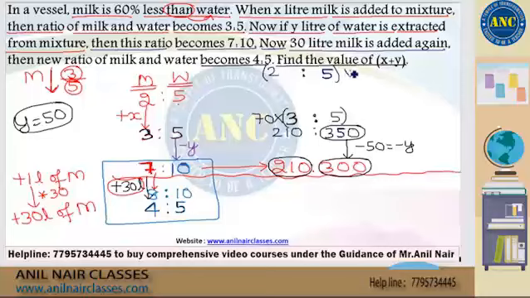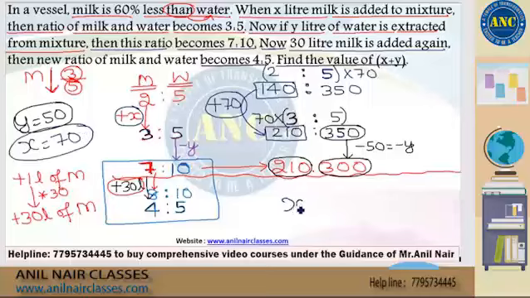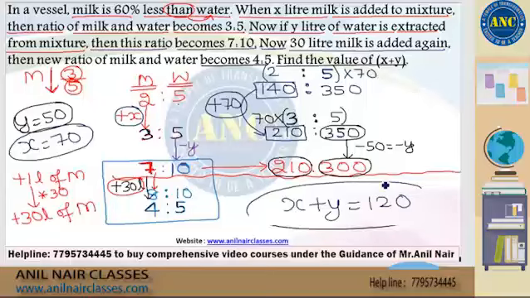Multiply by 70. 2 also multiply by 70. 2 into 70 is 140. 5 into 70 is 350. That means initially 140 milk was present. Now 210 milk is present. 140 plus which number is 210? 140 plus 70 is 210. X value is 70. I know the value of x. I know the value of y. So x plus y is 70 plus 50, 120.